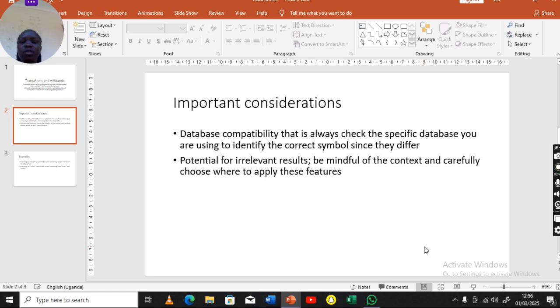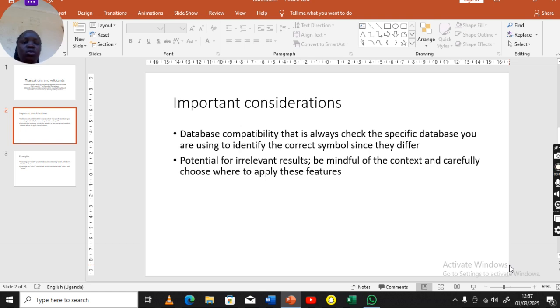So how to use them effectively? You can use truncations when you want to find all forms of a word, like different verb tenses and plurals, or when you are unsure of the exact spelling of a word ending.